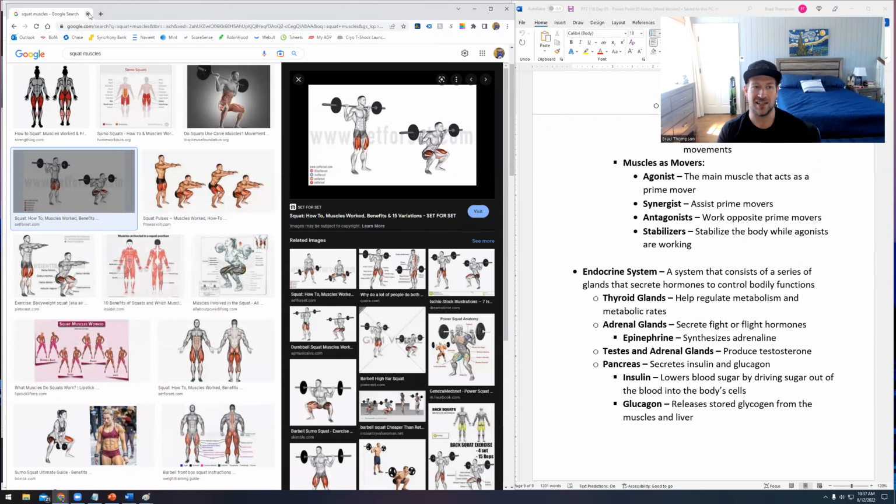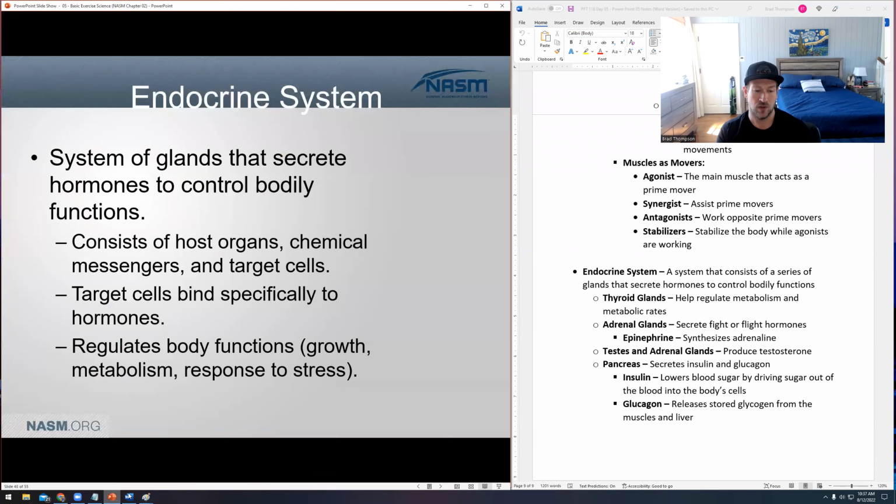Every muscle in the body has an antagonist. It has to. Antagonists have to relax whenever your agonist is contracting. But if they don't relax, that's what screws up our posture. We talked about muscles being overactive, a muscle spindle saying, hey, I can't stretch any further. Well, that means that muscle is not going to want to relax. It's just going to want to stay contracted.